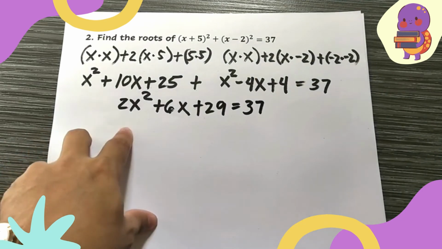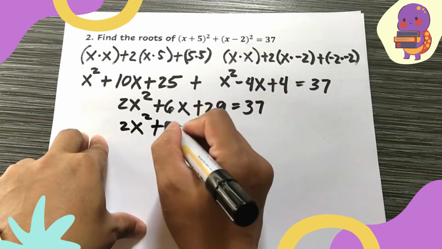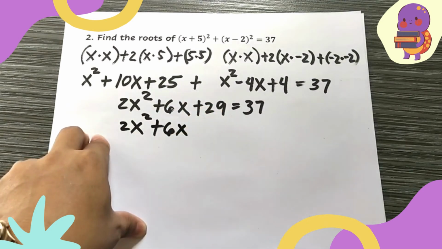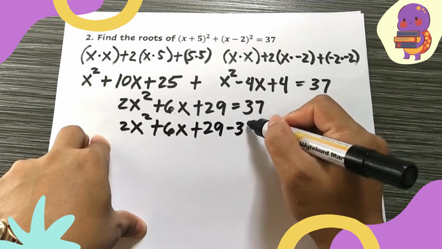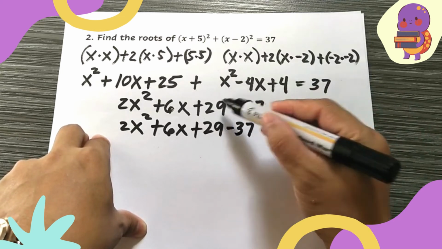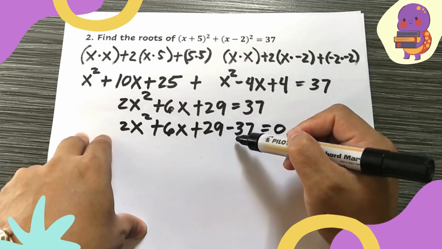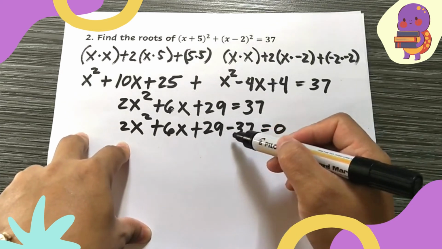And then, 2x squared plus 6x plus 29 minus 37 equals 0. What did we do? We transposed the 37, making it negative 37. So, let's combine, that is 29 minus 37.